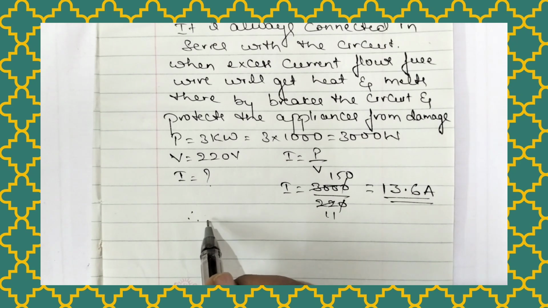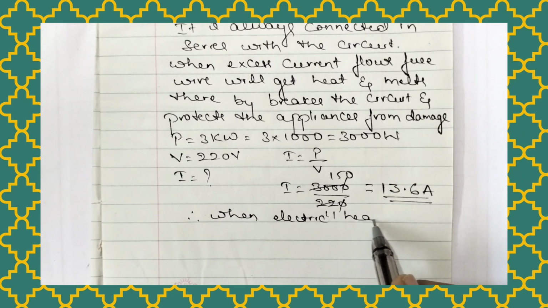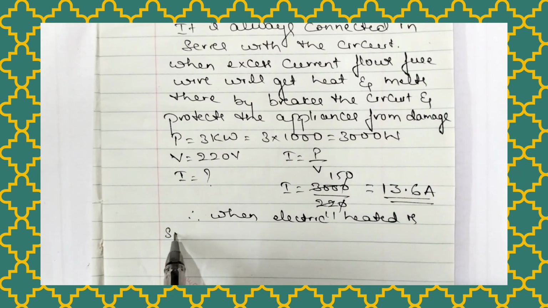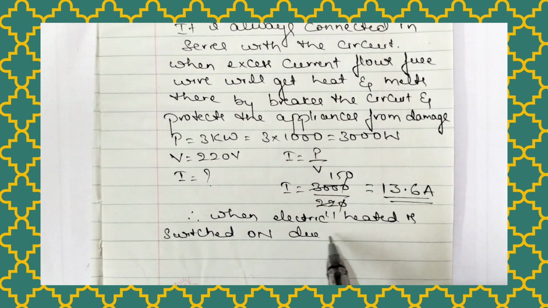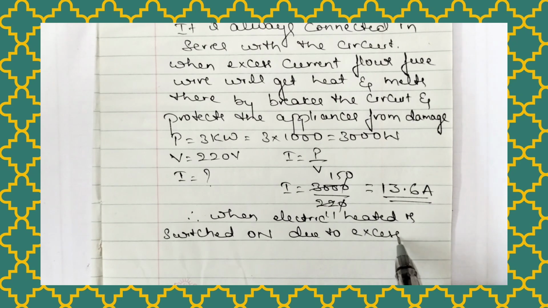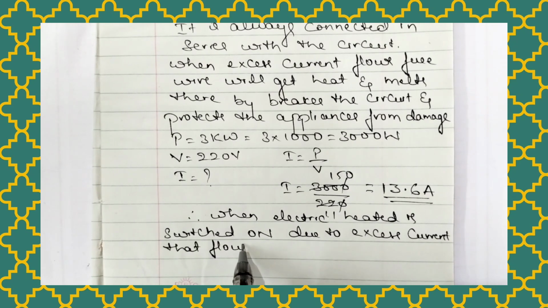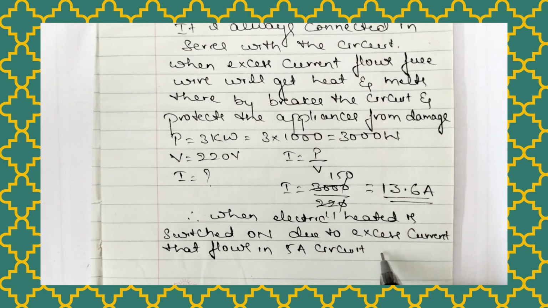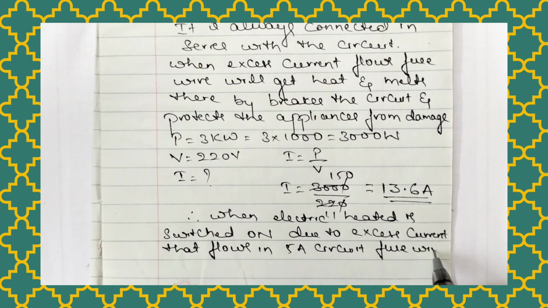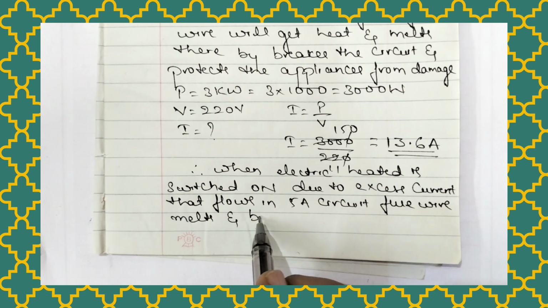Therefore, when the electric heater is switched on, due to excess current that flows in the 5 ampere circuit, the fuse wire melts and breaks the circuit.